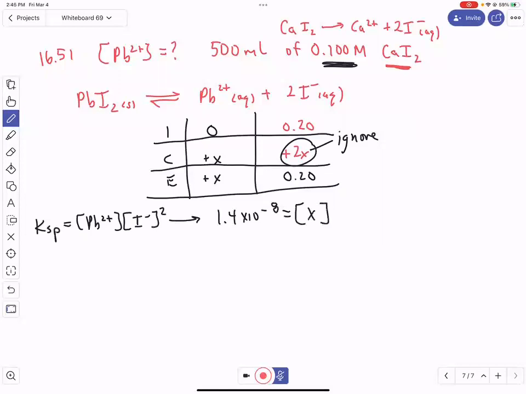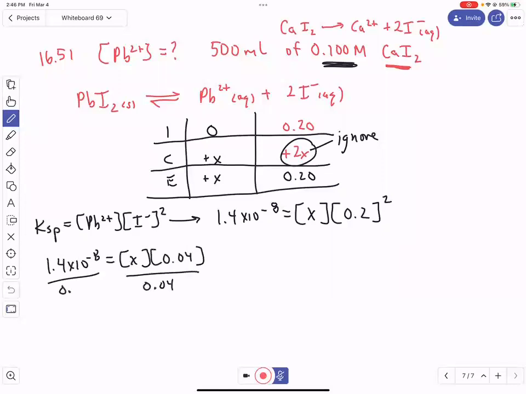That equals X times my concentration of iodide squared, so 0.2 squared. Right, you get 1.4 times 10 to the minus 8 equals X times 0.04. We're going to divide both sides by 0.04.